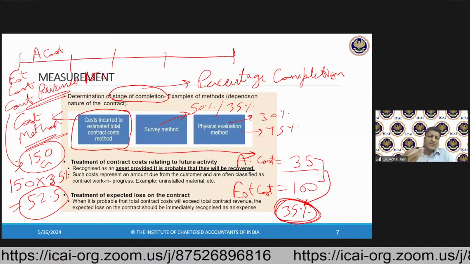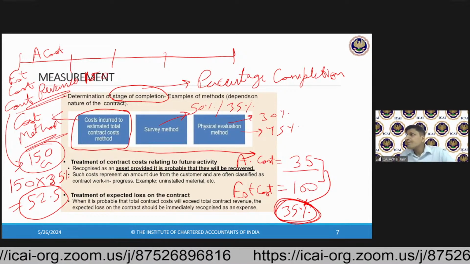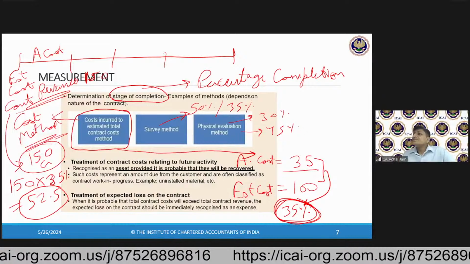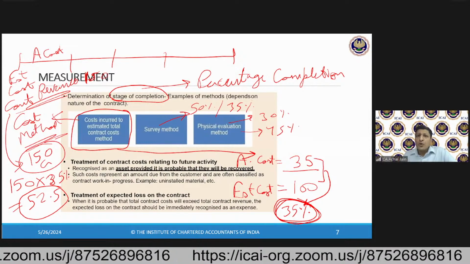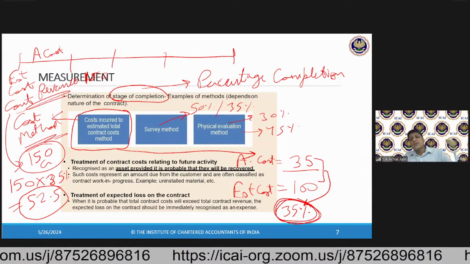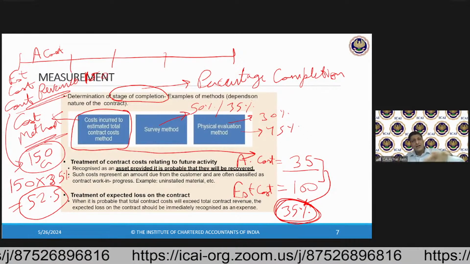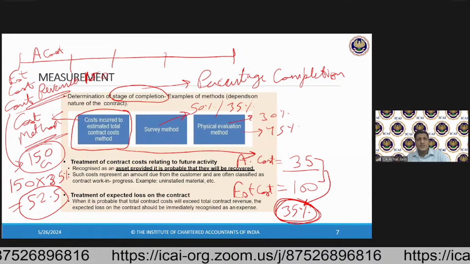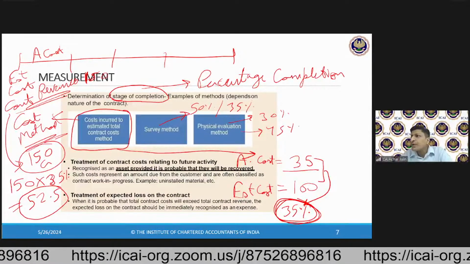Or it could be because of changes in the scope of work. So there are various reasons which may lead to this. Then Preeti also asked me about accumulated profit. I think you are discussing that in the context of deferred tax. I'll come to that query once we are through with this topic. Otherwise, we'll just digress from this topic. I'll come back to your query.